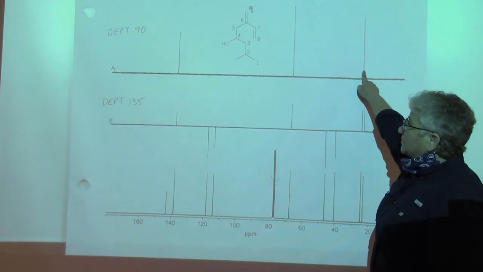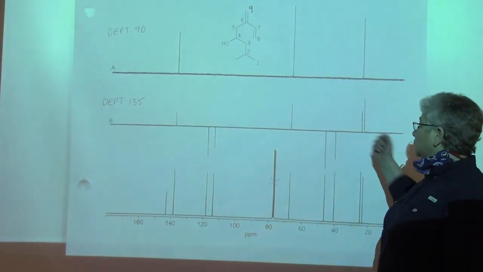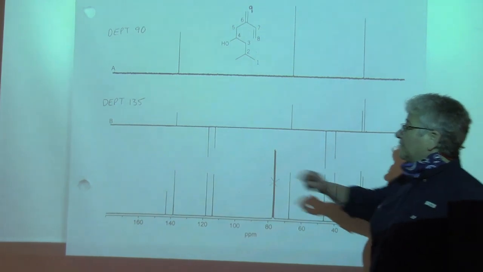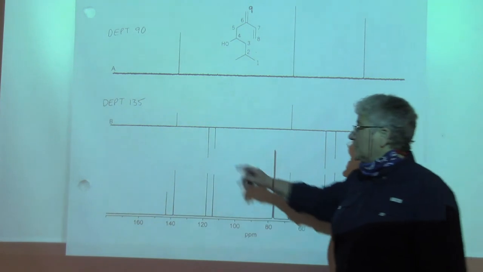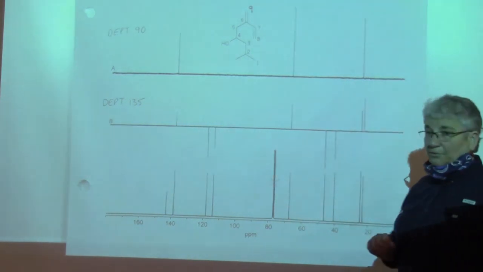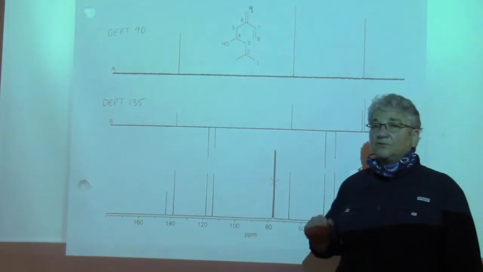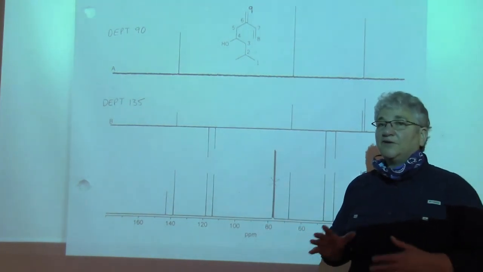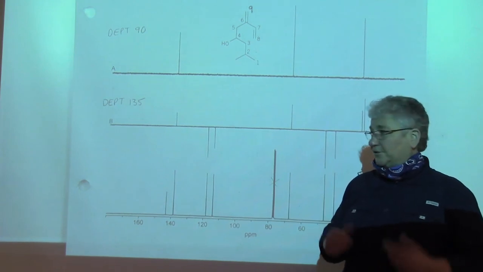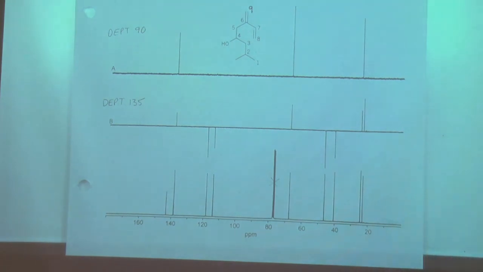And if we compare it to knowing that there's 3 CH groups, that means there's 1 CH3 group. And then the ones that go below the axis are CH2 groups. So we know we have 1, 2, 3, 4. And again, in any of the depths, the carbons that you don't see, you will never see in a depth spectrum, are the carbons that have no hydrogens bound to them, so the quaternary carbons. All right, so that is a review of what we did last semester.